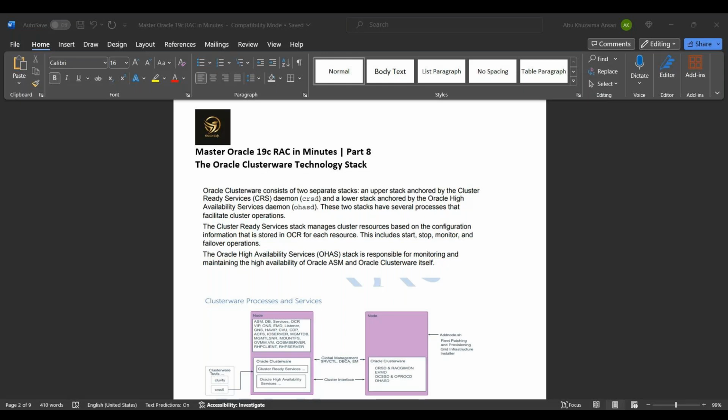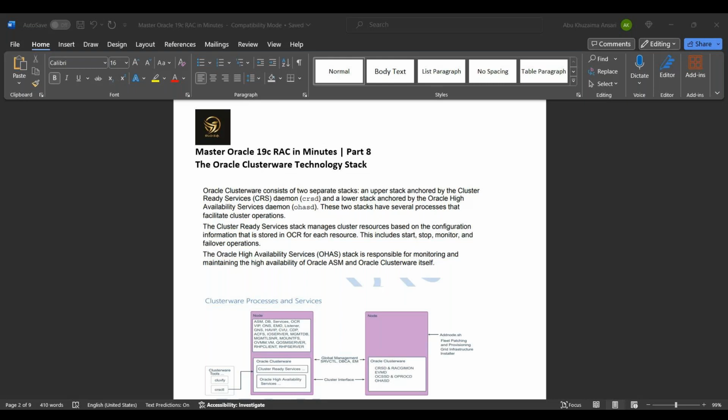So Oracle Clusterware has two physical stacks. One is the Cluster Ready Services technology stack, and the second is the Oracle High Availability Services technology stack. That is, the first one is CRS, the second one is OHAS.